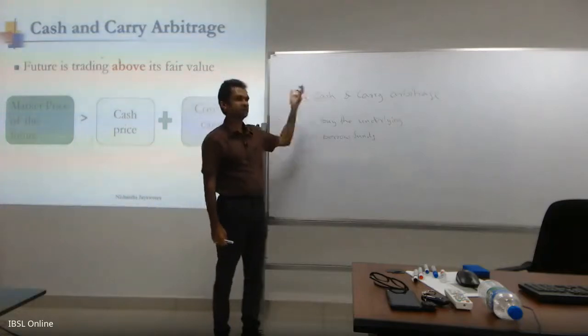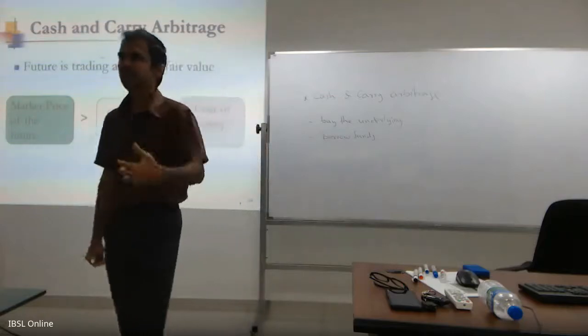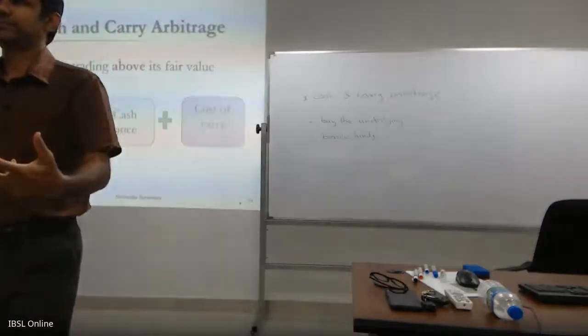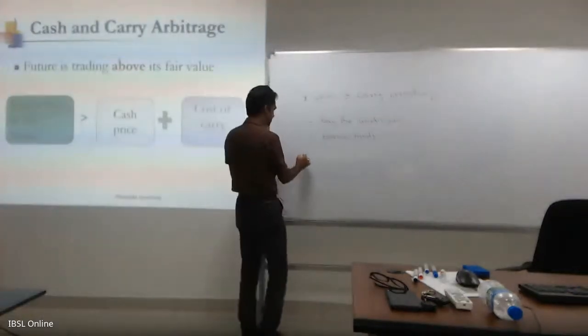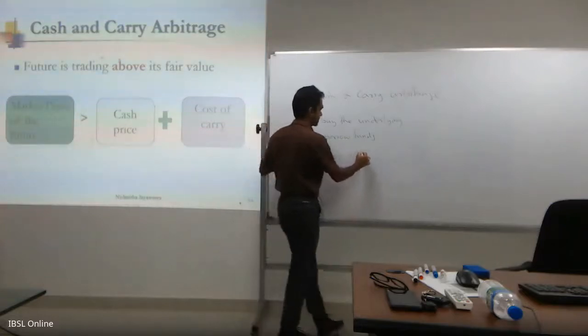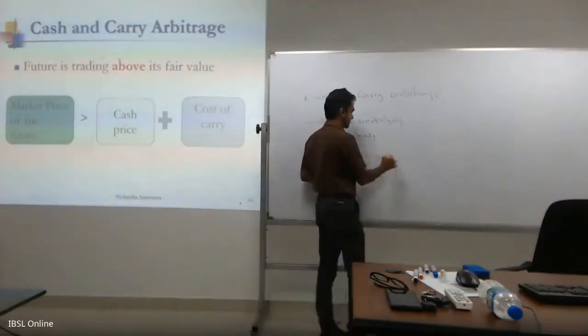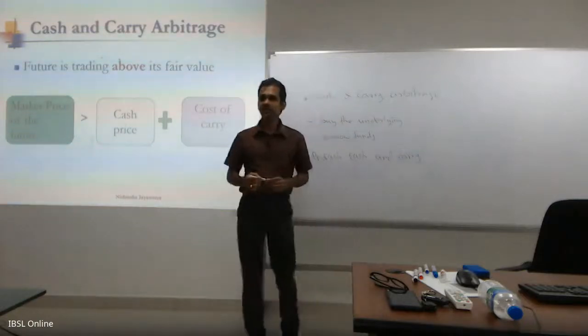Cash and carry: you buy the asset in the cash market and carry the position. Then the reverse cash and carry is the second arbitrage trade that we discussed.